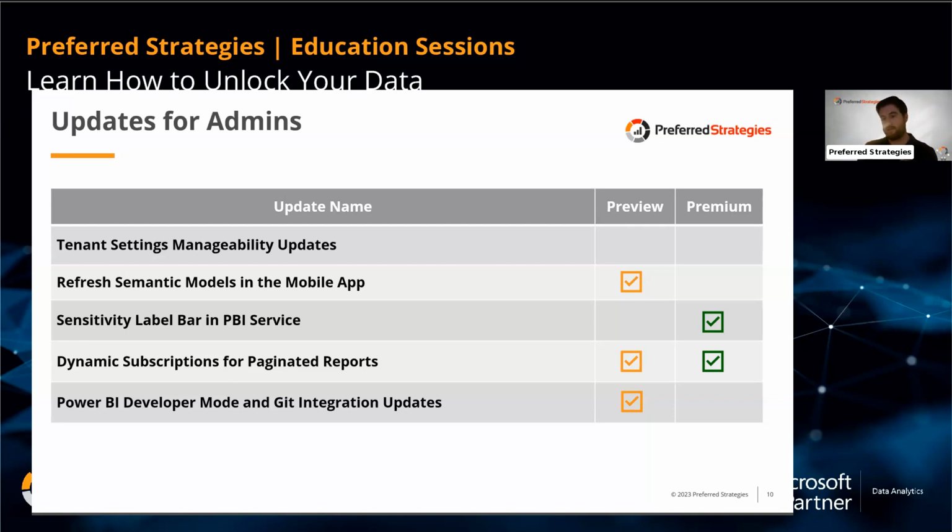And then how these files integrate with source control systems such as Git. Git is probably the industry standard now, and the one that we recommend to our customers. And you now have the ability to integrate Git at the developer level in Power BI desktop, as well as the Power BI service.